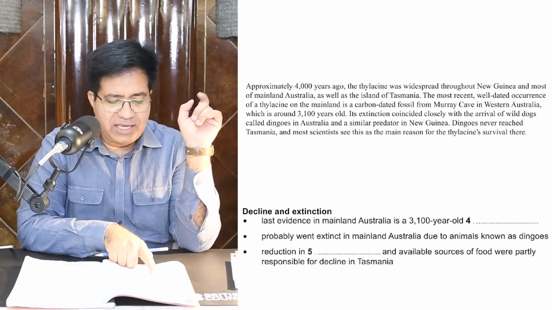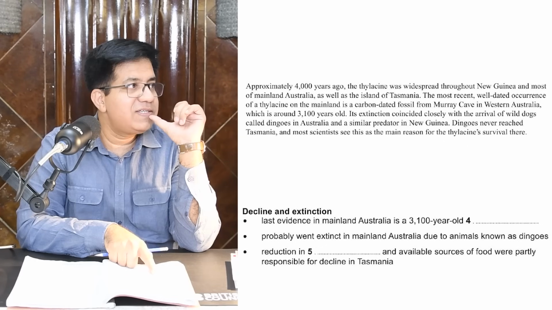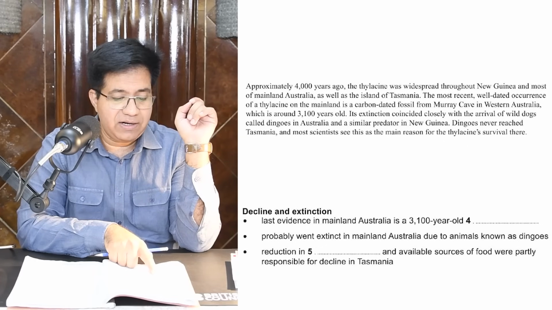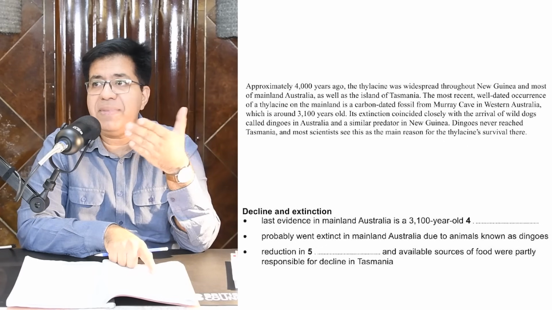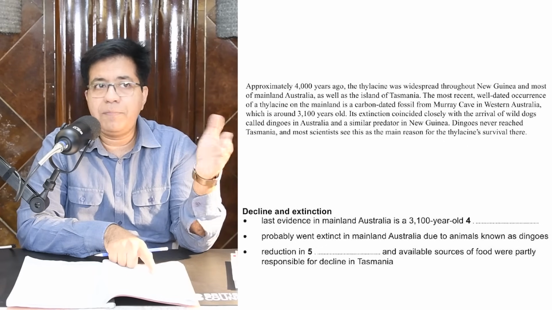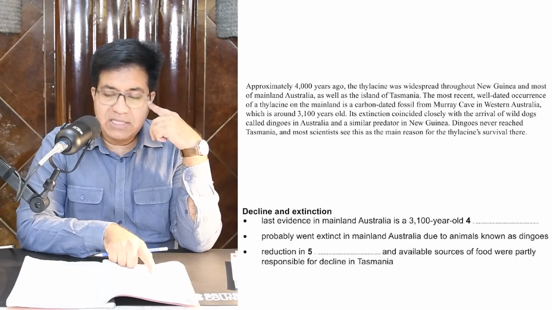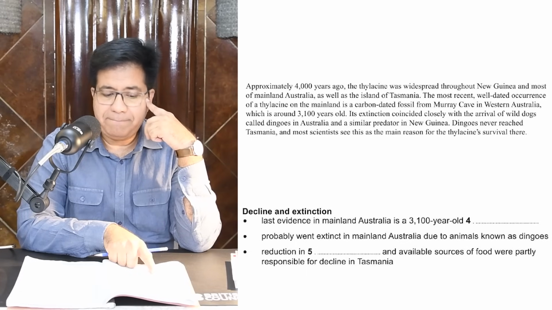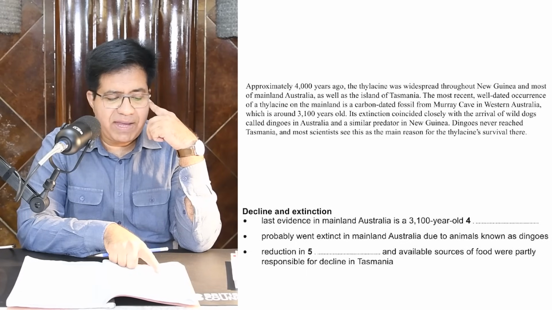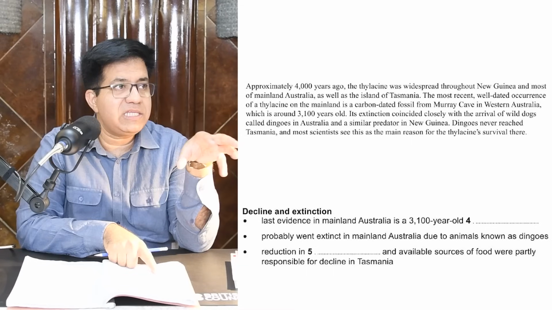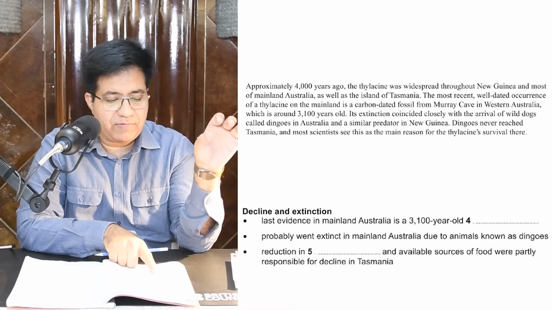Fossil or cave or what? Fossil. Well done. Fossil is actually the remnants of animals or plants or anything like that. So we call it fossil. Correct answer is fossil. You know, they've mentioned which is around. Which is around means fossil is around 3,100 years old.